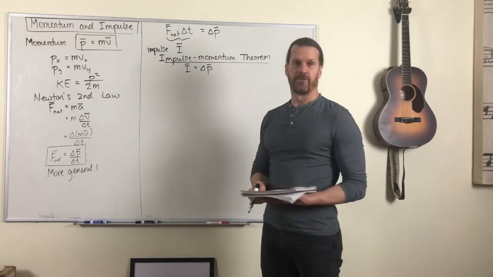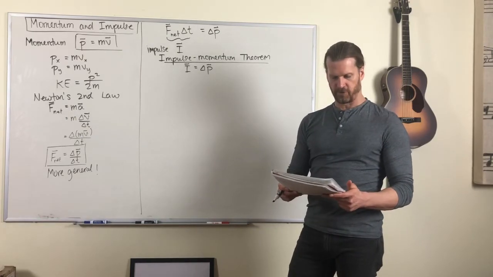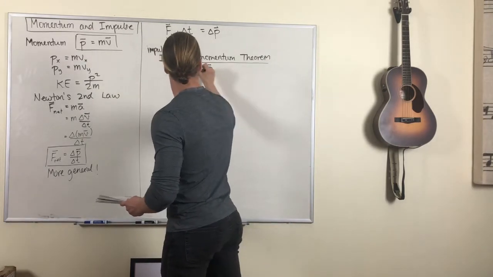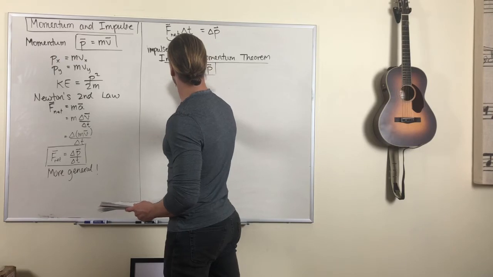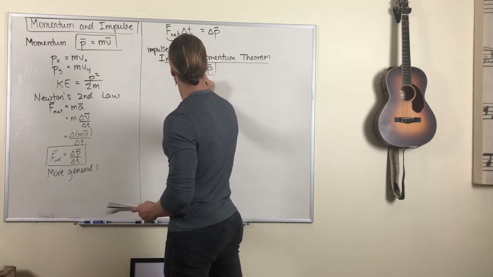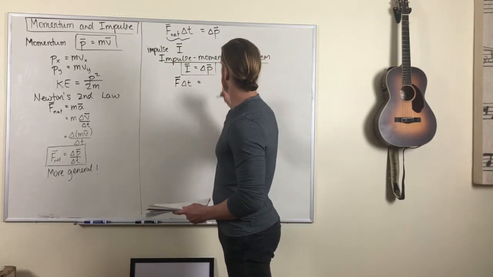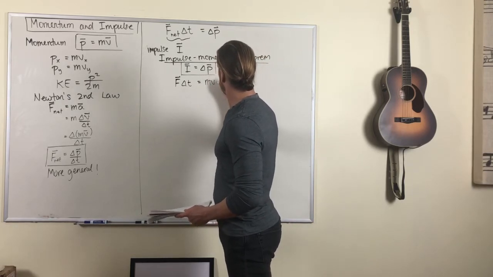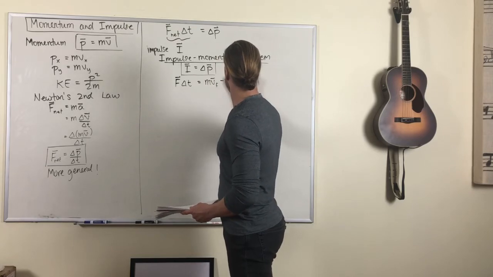So this one is useful for certain types of situations, for some collisions. Let me just remind you that since impulse is force times delta t, we can replace the left side with that, and momentum is mv, so we can write mv final minus mv initial.